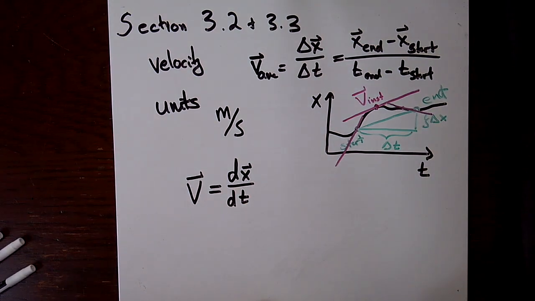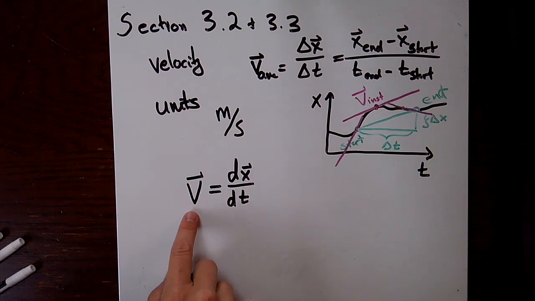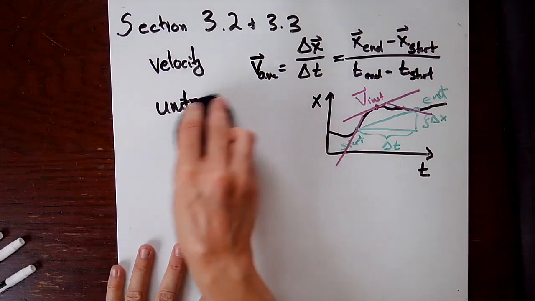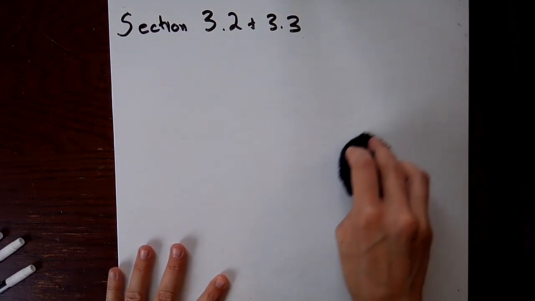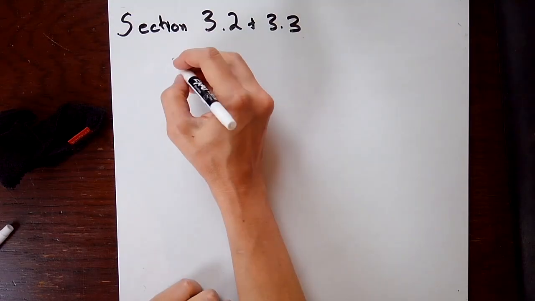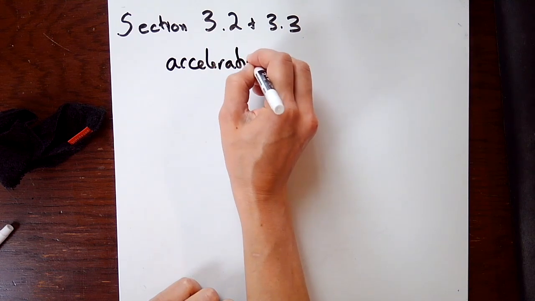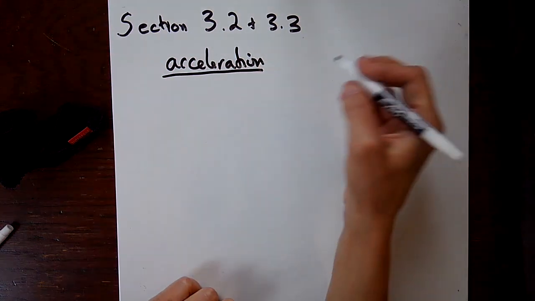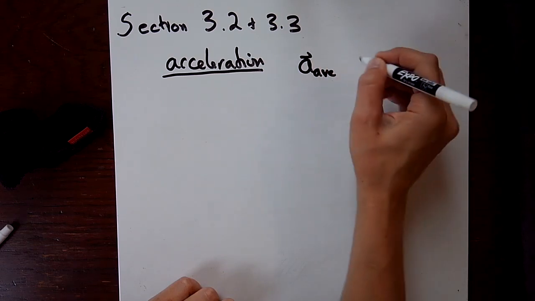Let's go now look at a change in velocity. So velocity is a change in position, but we can do changes in velocity as well. That is something we are quite interested in physics, and that is the acceleration. So in acceleration, well, we can look at the average acceleration.